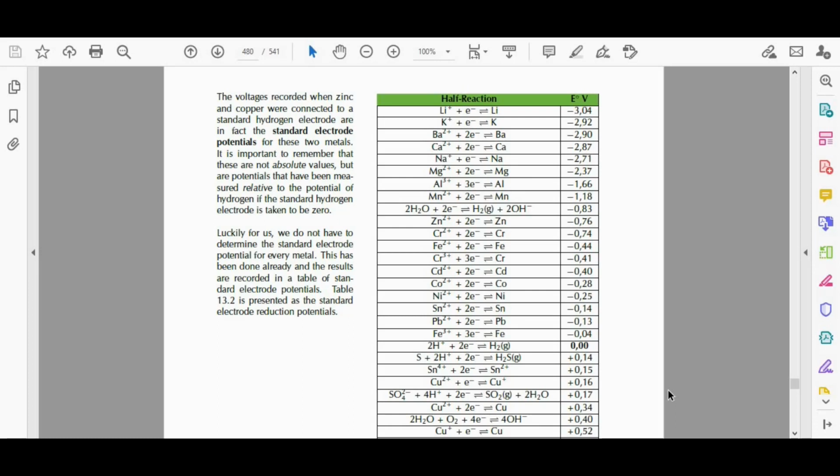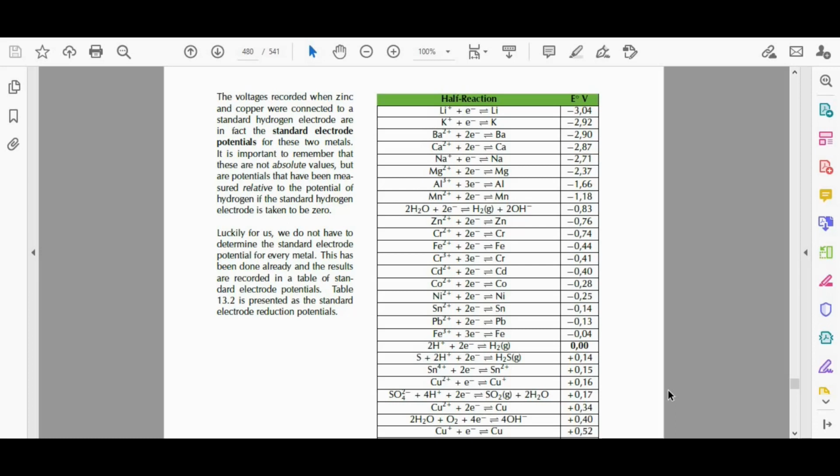We must understand that on both tables 4a and 4b, the table inserted here is table 4b, with the lithium half reaction on top at minus 3,04 volts.